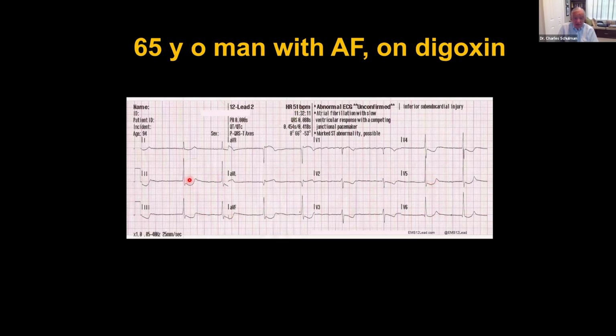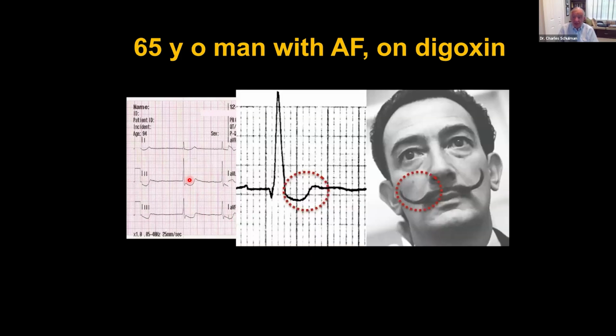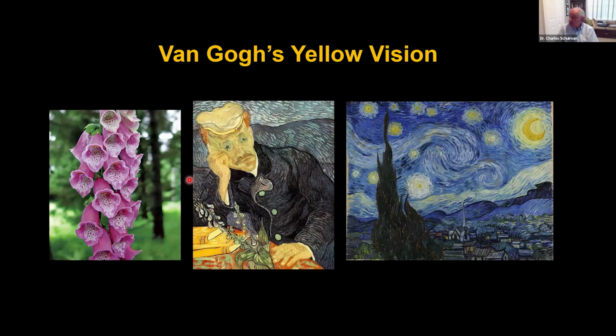I described the pill of digitalis sitting right there, but it's also been compared to Salvador Dali's mustache. And here is Vincent van Gogh. Vincent van Gogh had a yellow vision, we think. Look how yellow his face looks.